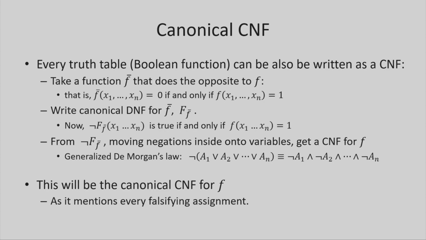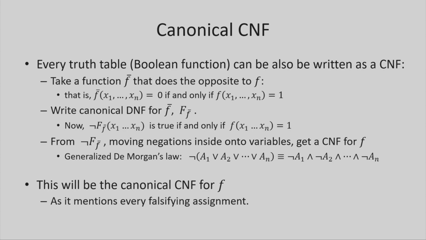In order to make a canonical CNF, that is a CNF that precisely encodes the truth table, we will take the function we need to write and write a function that does the exact opposite. Every time our function outputs 1, that function would output a 0. Every time we want to output a 0, in that scenario, that function will output a 1.